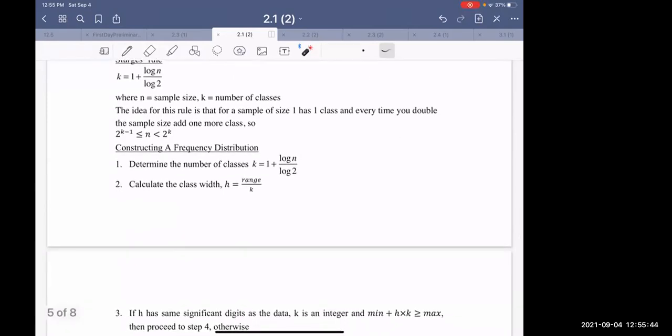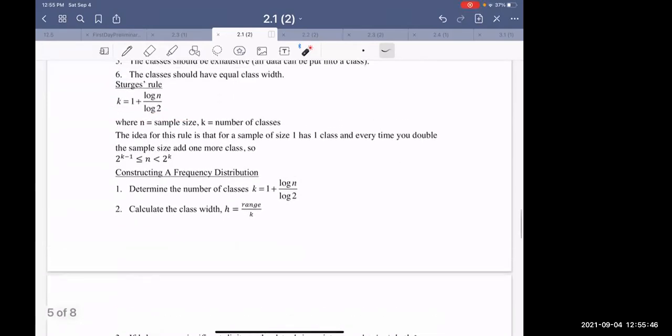The idea for Sturge's rule is as follows. If you have only one number, so if n is 1, then you should only have one class, so K should equal 1.